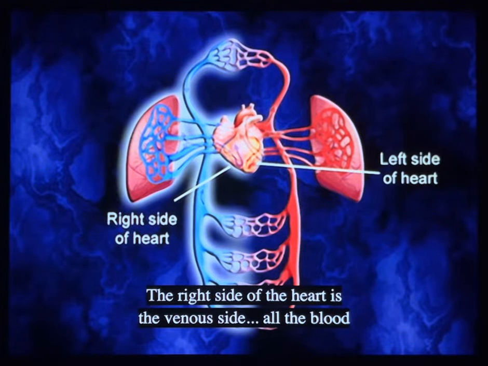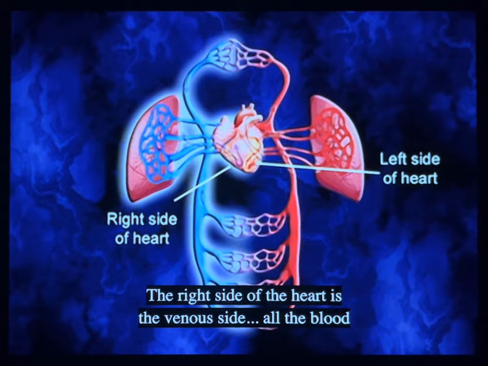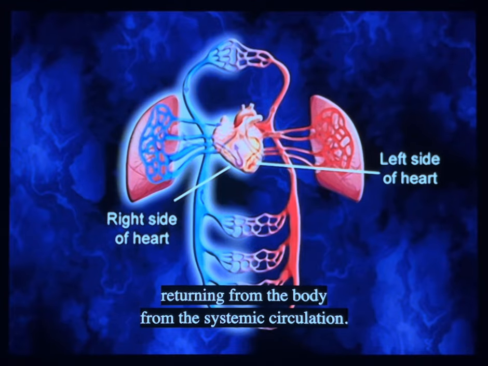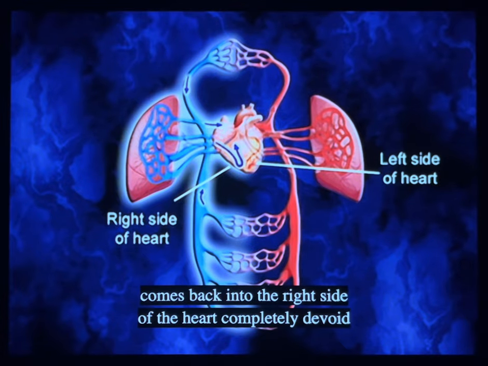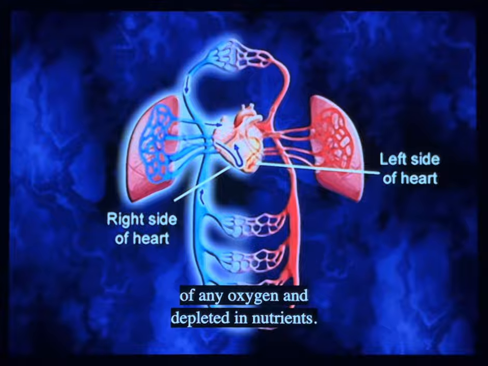The right side of the heart is the venous side, all the blood returning from the body, from the systemic circulation. The lower body, the head, the arms, comes back into the right side of the heart, completely devoid of any oxygen and depleted in nutrients.